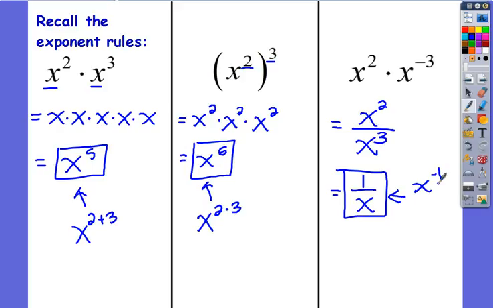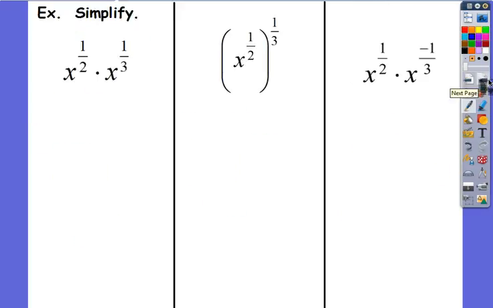So keeping these rules in mind, let's move forward. You don't necessarily want to memorize stuff, but the rules are important as you start looking at fractional exponents. So if I have x to the 1/2 times x to the 1/3, that might be hard to visualize what that looks like, but if I have the same base, the rule is I just have to add the exponents. Now, how do you add fractions?